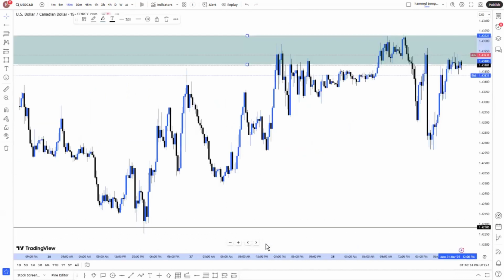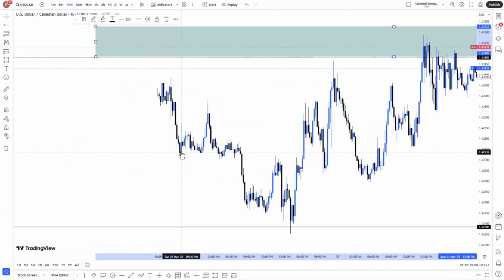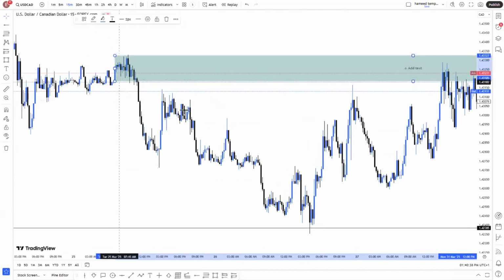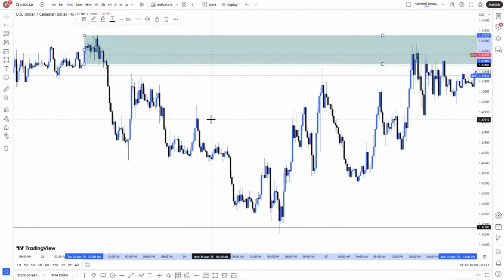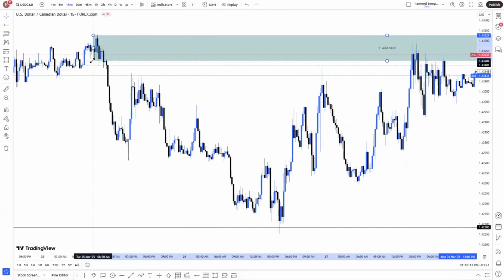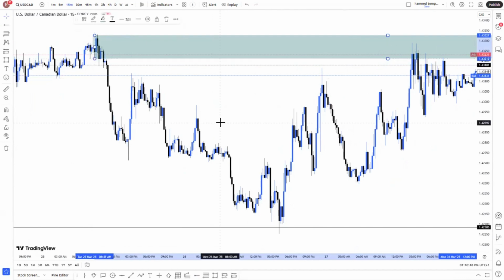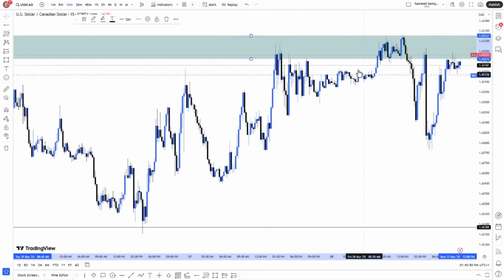Okay, all right. We are now on this 15-minute time frame. This is where I'm talking about. So let me adjust this. The market gave us first touch, came back again, making a double top, and still formed another small one around here.